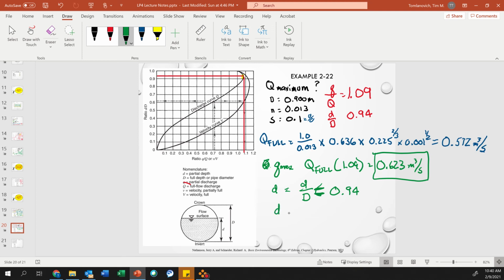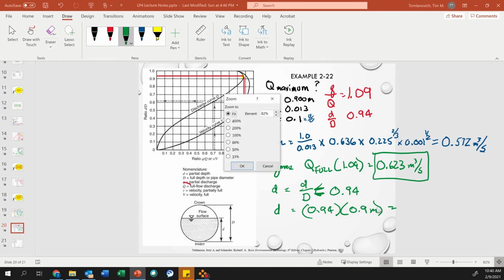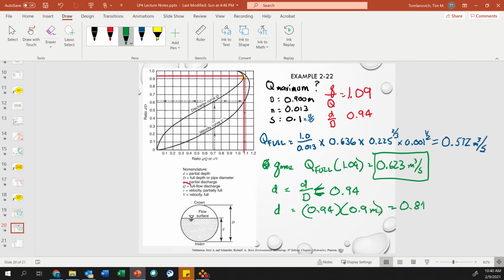So partial depth equals 0.94 times 0.9 meters, which is 0.846 meters.